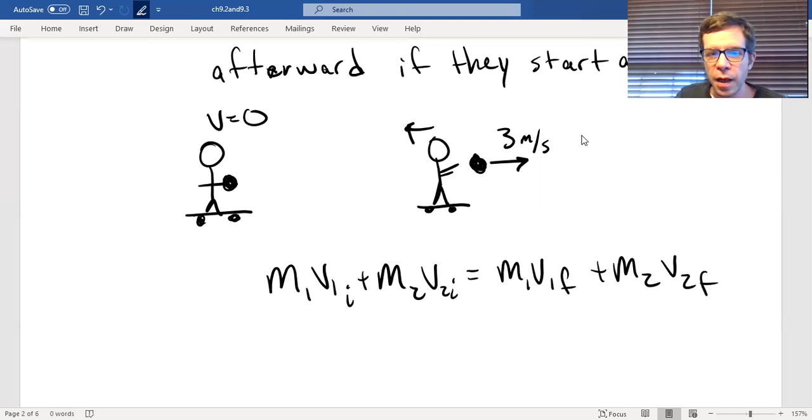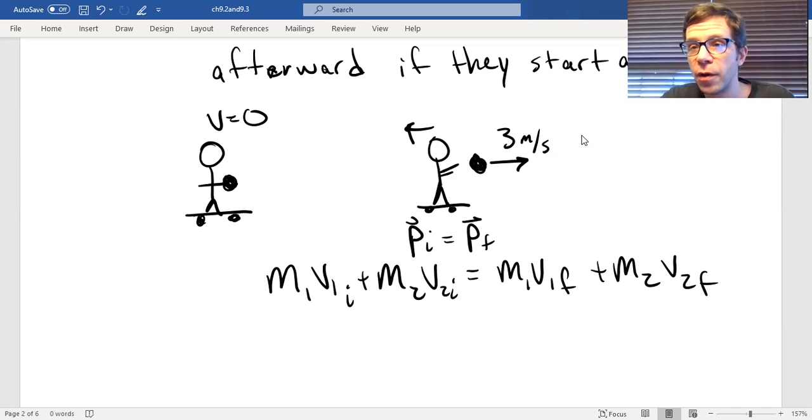So we have our conservation of momentum because there's no external forces acting here, only the internal forces. And we have this situation. All right, so important thing to note here is you don't have conservation of energy, right? If we look at mechanical energy, we have the person and the ball at rest, and then afterward they're moving.